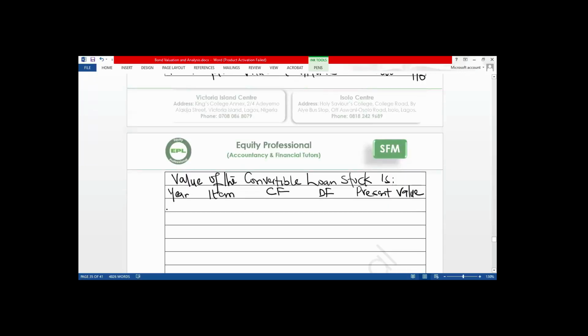You come here, year 1 to year 10, we have the annual interest, which is 100 naira. Year 10 only, we have the redemption value, which is 1,000 naira.